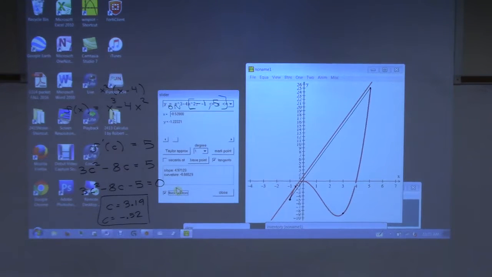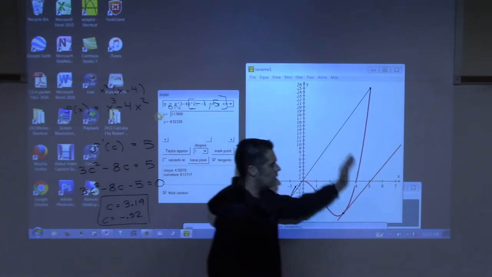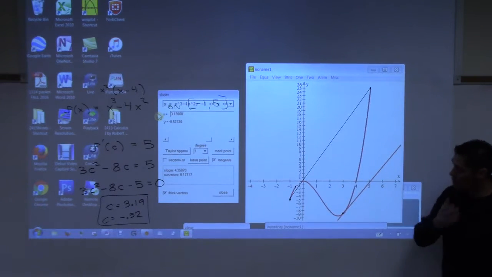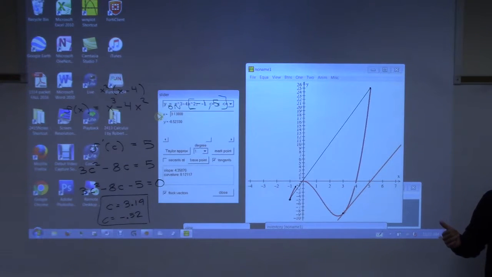Thicker? Did that help? Yeah, that helped a little bit, right? And then let me change it. The other one was 3.19? Okay. There we go. All right? These are parallel. You think you can handle that? Yep. I plan on putting that on the test.